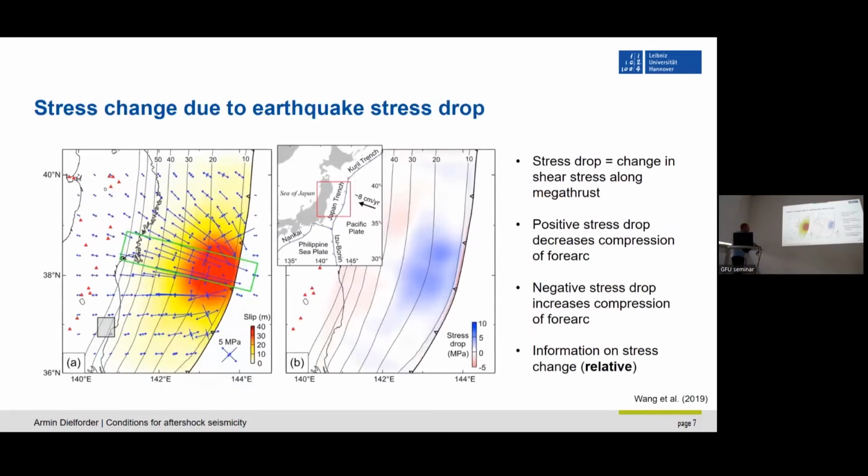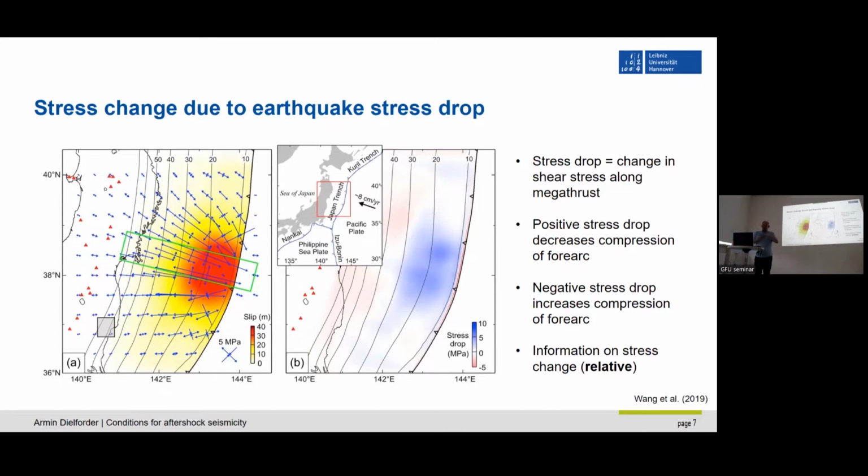A very simple and basic answer to the question of what causes these aftershocks is the stress change caused by the main megathrust event, the Tohoku earthquake, or more precisely the stress drop in the earthquake. The stress drop describes a change in shear stress along the plate boundary fault, and it is believed that this shear stress scales somehow with the amount of slip.